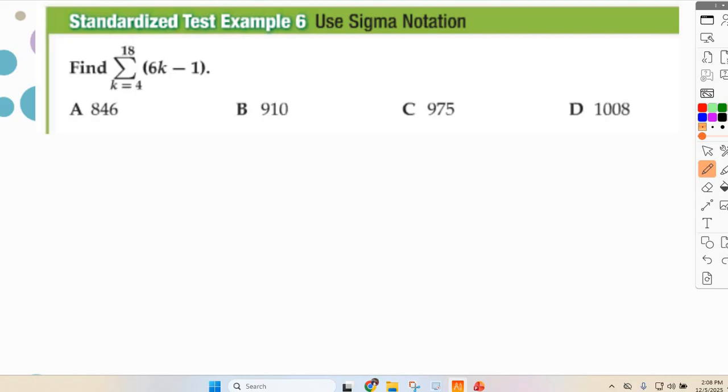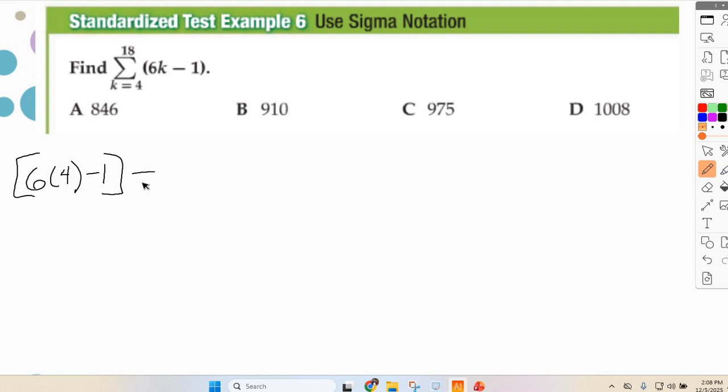It says find. We have the sum from k equals 4 to 18 of 6k minus 1. So we have two different ways that we can approach this problem. The first is, okay, again, remember our sigma or summation notation just means that I'm going to take this first one, so 4, and plug that in.